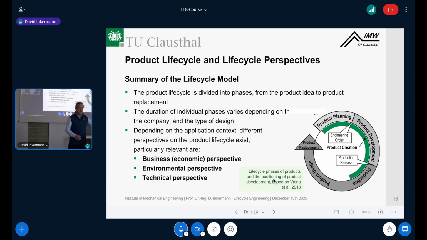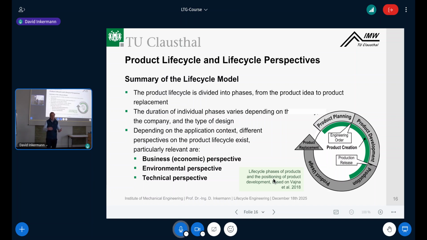Then going to the different perspectives, what can also be observed aside from the different characters of the life cycles and the life cycle phases, longer phases, shorter phases, is a question, let me take this analogy, of which eye or which glasses you take to analyze the life cycle.